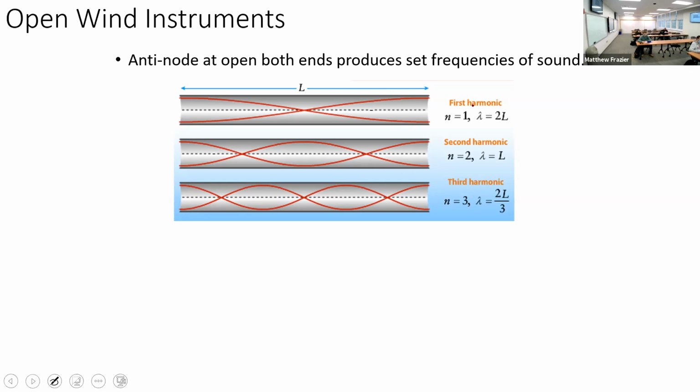So there must be antinodes at each end. The formula is again lambda is 2L over n, the same formula. For the first harmonic, the length is going to be half a wavelength, and the half a wavelength has to go from antinode to antinode. So it has this pattern where you have a node in the middle and another antinode.